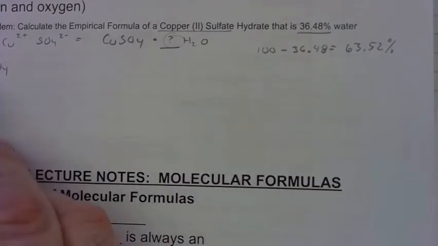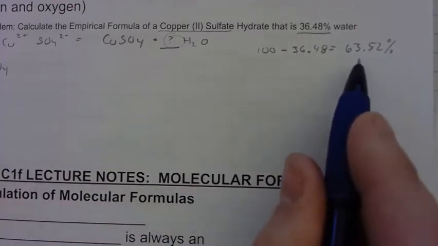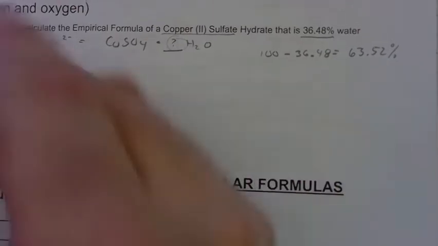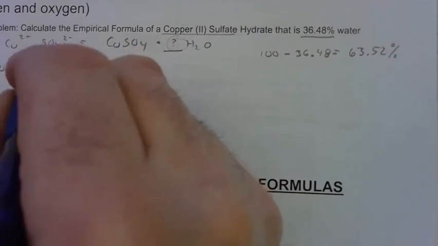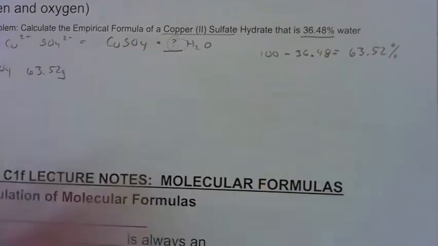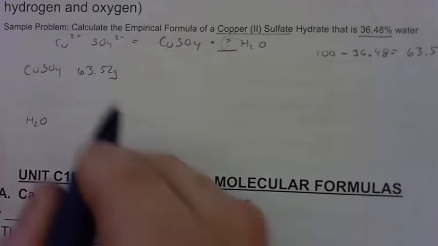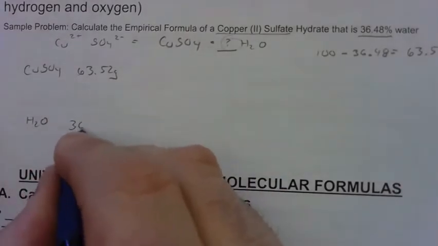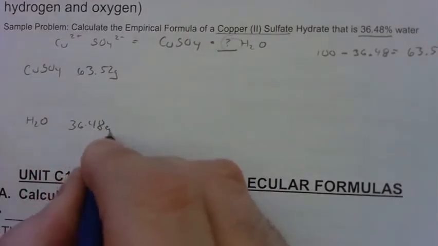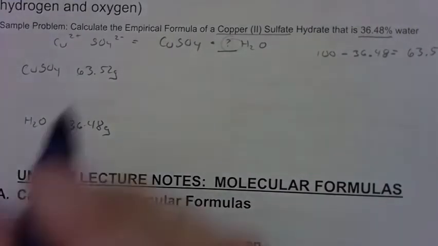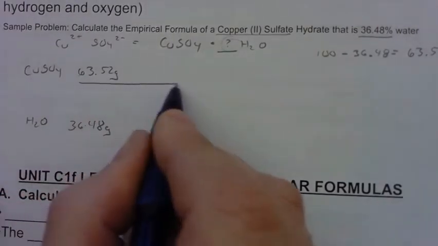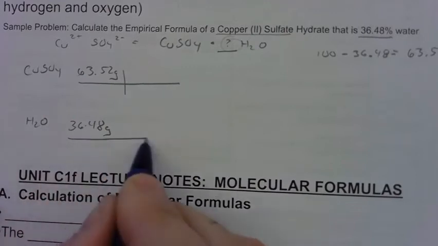Now the CuSO4, we're going to change these, remember, into grams. So we know we have 63.52 grams of that. And for the water, we have 36.48 grams. Now we need to convert them into moles, just like before.